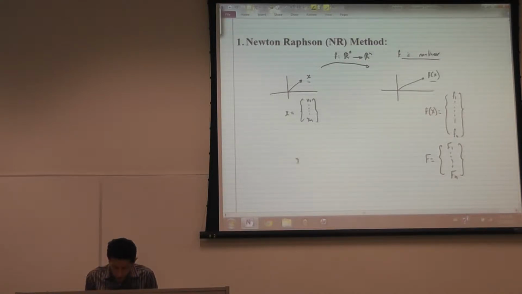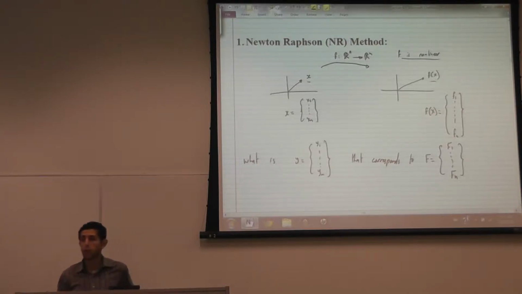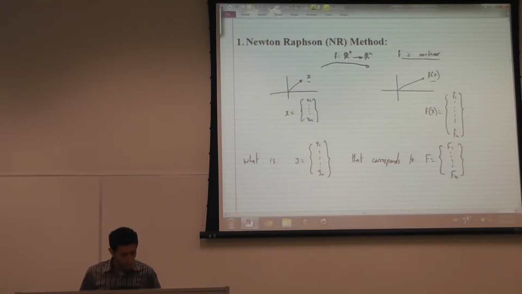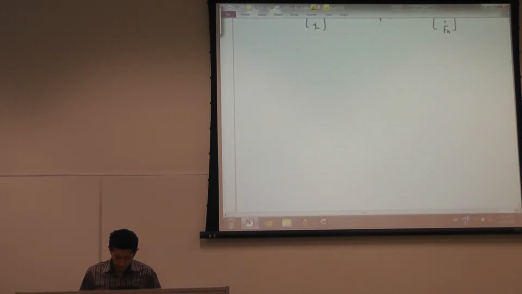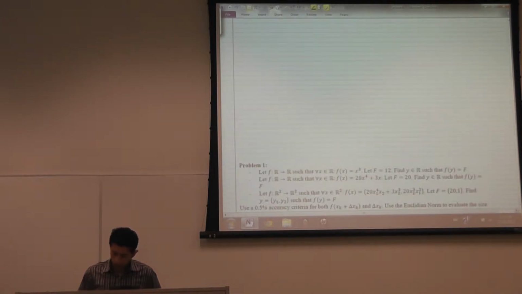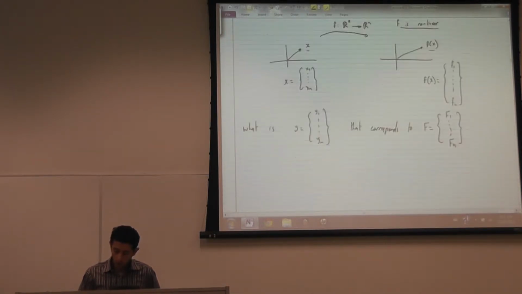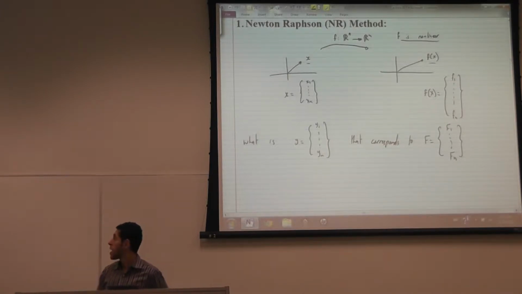And I want to find y that corresponds to the external force vector F. So I want to find a vector y that corresponds to an external force F. So I'm going to use a Taylor expansion.